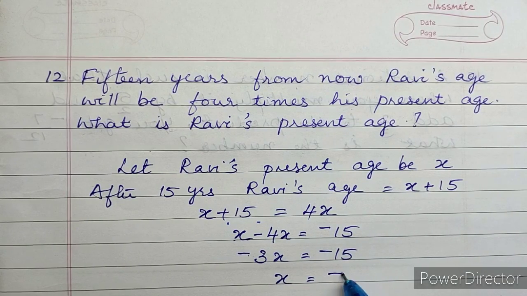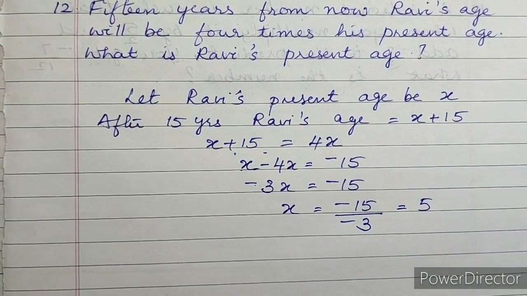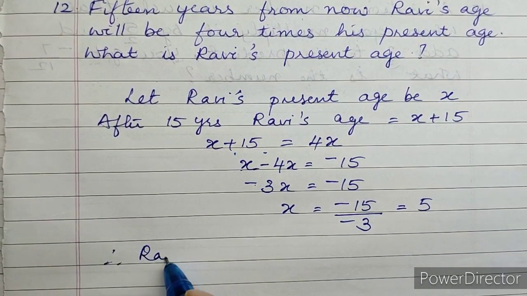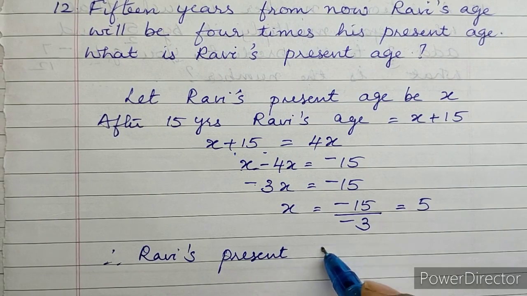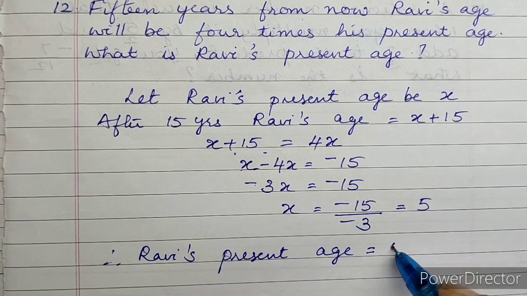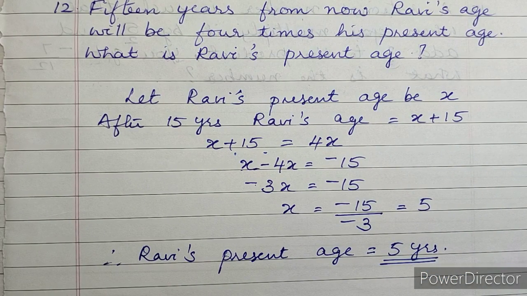Or x is equal to minus 15 by minus 3, which is equal to 5. So Ravi's present age is 5 years. You have to write the conclusion. Therefore, Ravi's present age equals 5 years. So this is the final answer.